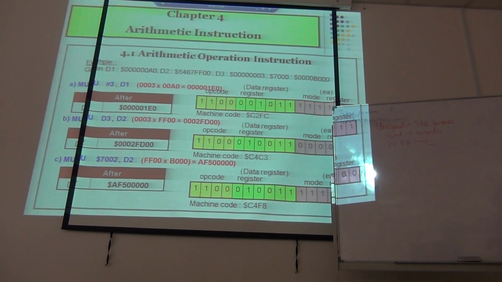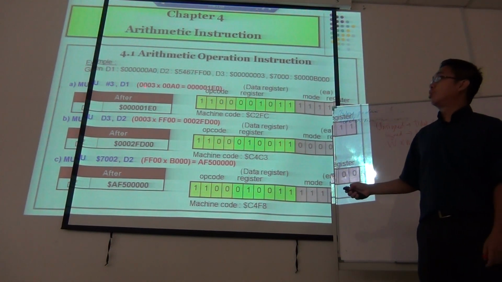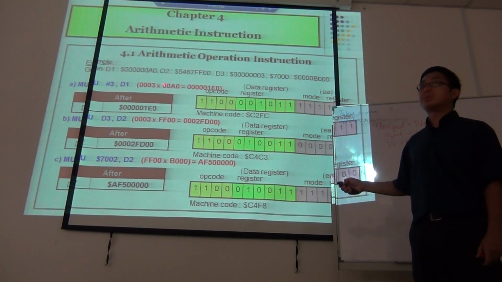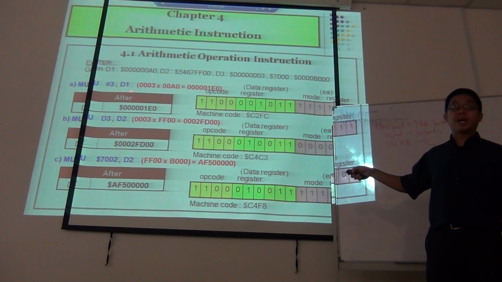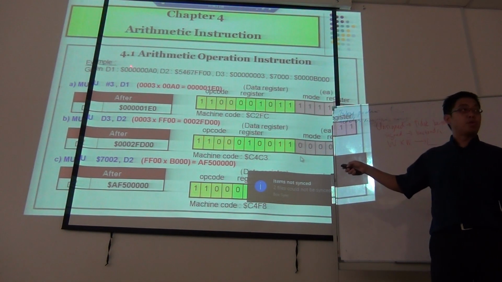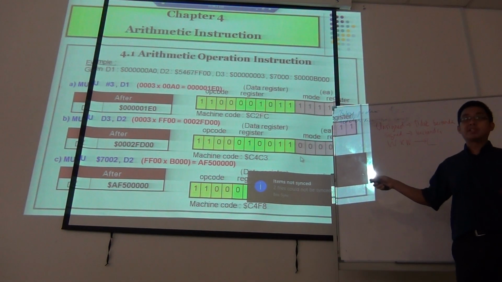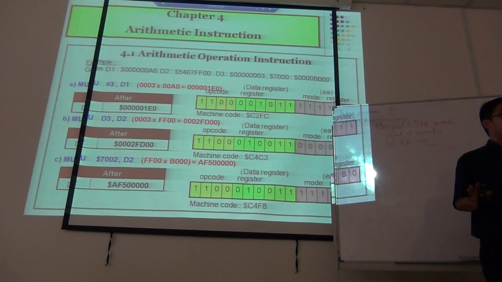You have to use word size again. So 0003 times 00A0, because at D1 the word size is 00A0. The answer is very simple. From your calculator, just multiply it, you get this answer, and put it back into D1. That's all.